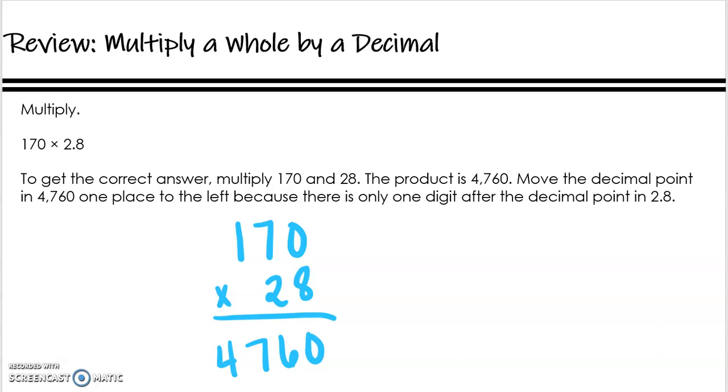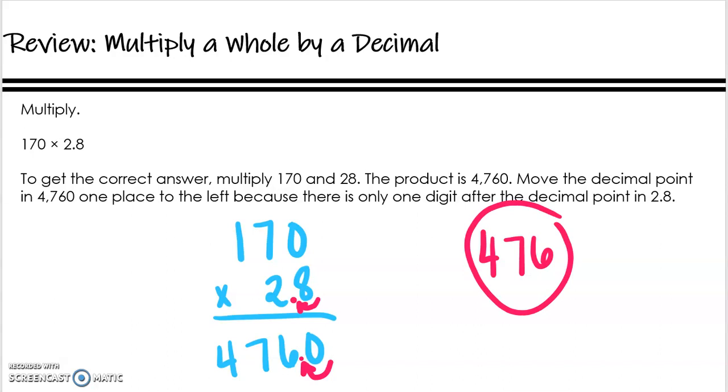Now, because it's not 28, it's 1/10 to the left, okay? You're going to place one decimal point to the left of the whole number because there is one decimal to the left in the problem. So the correct answer is 476.